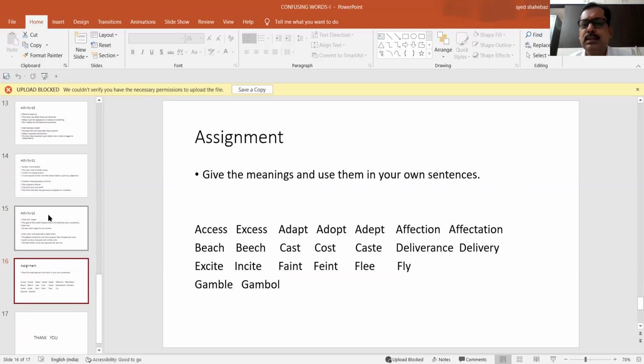And these words in the assignment: access, excess, adapt, adopt, adept, affection, affectation, beach, beech, cast, caste, cost, deliverance, delivery, excite, incite, faint, feint, flee, fly, gamble, gambol.